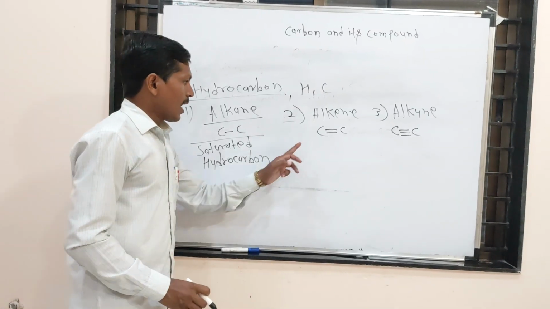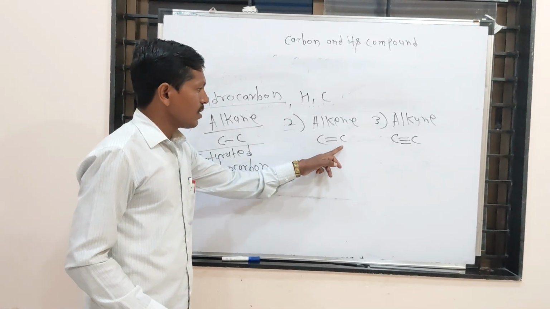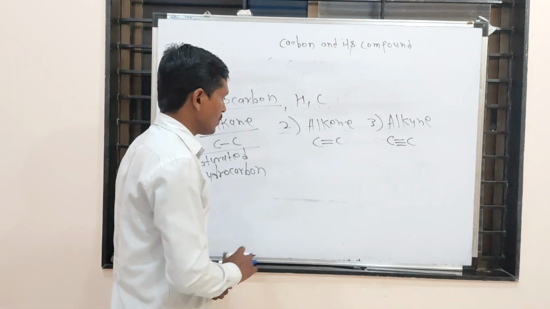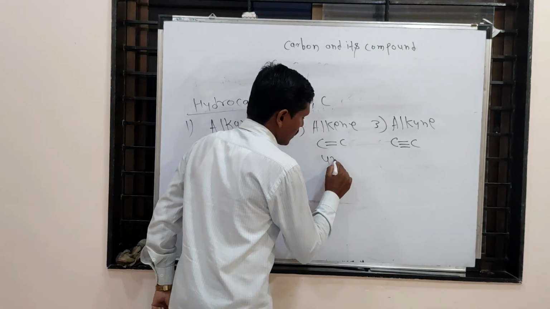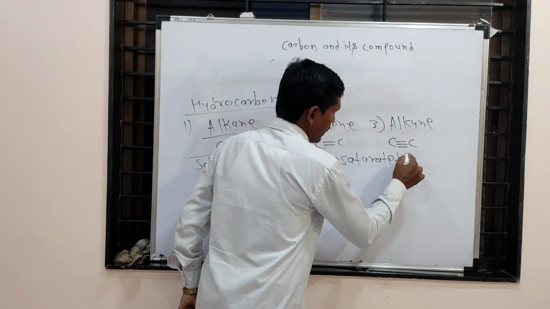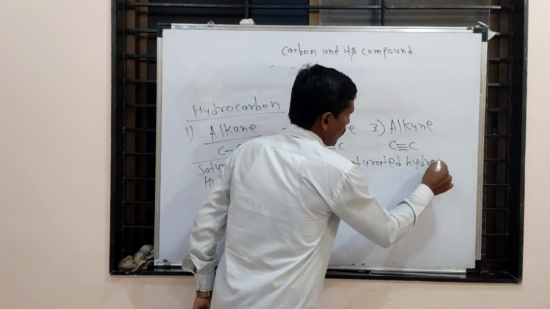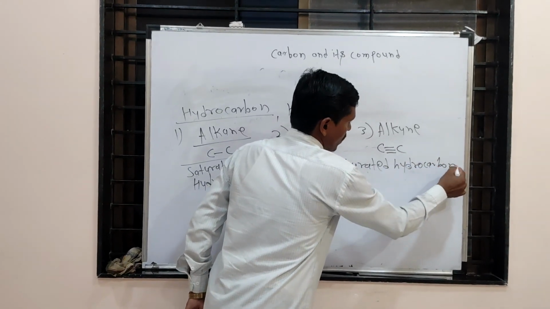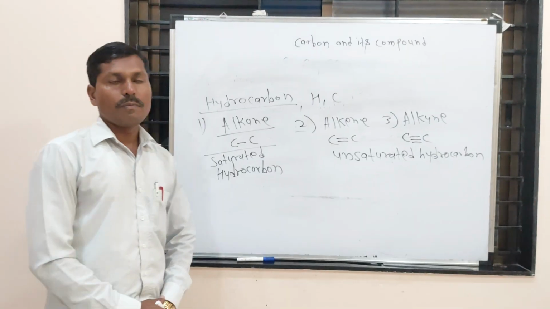Suppose there is a carbon-carbon double bond or a triple bond, then it is called an unsaturated hydrocarbon. Keep in mind, it is called an unsaturated hydrocarbon.